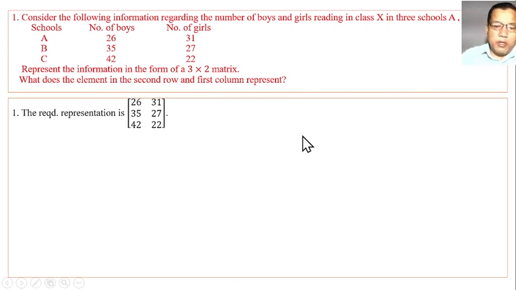In mathematics we have the first row, second row, third row. So the element in the second row, first column is 35. In the table, this 35 is the number of boys.